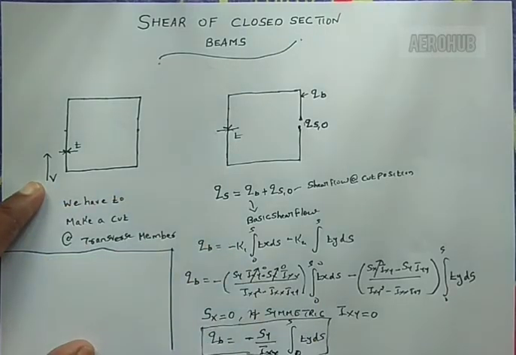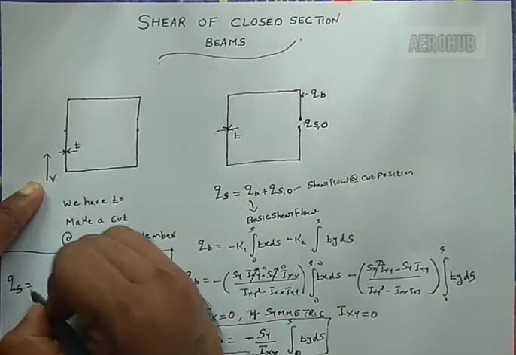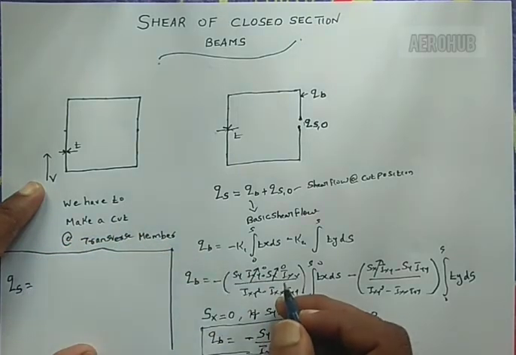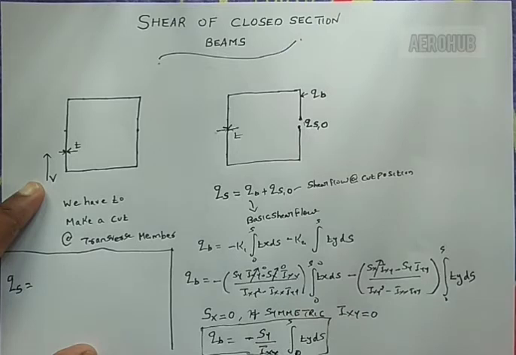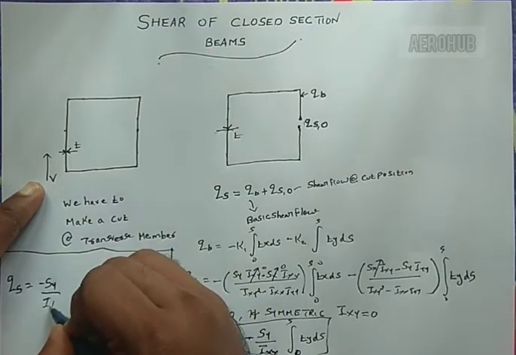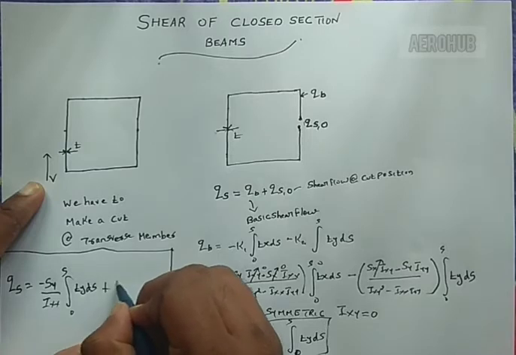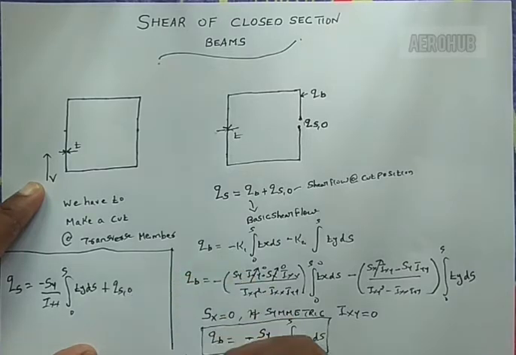Finally I'll get Qs equal to Qb, that is the basic shear flow, which is minus Sy over Ixx integral 0 to s of t y ds, plus Qs0.